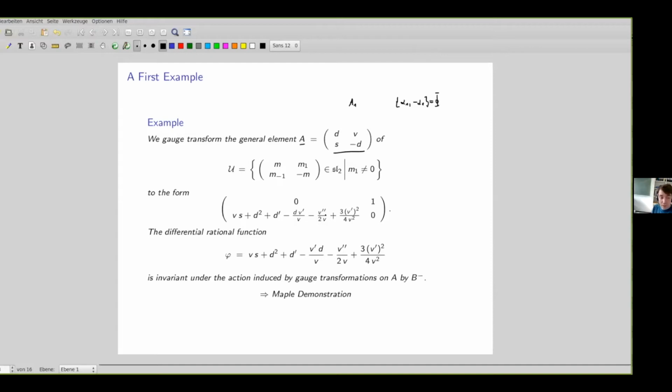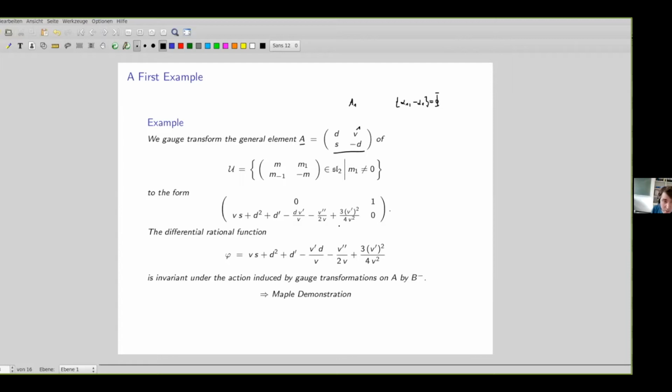All right, now we can gauge transform this matrix A to a matrix of the shape of our theorem by gauge transforming first with an element of the torus. You use an element of the torus to normalize the V to 1.